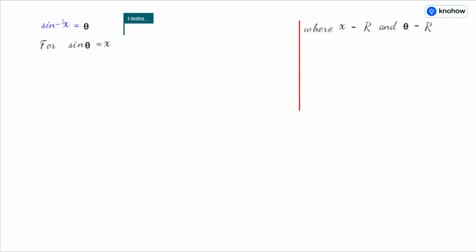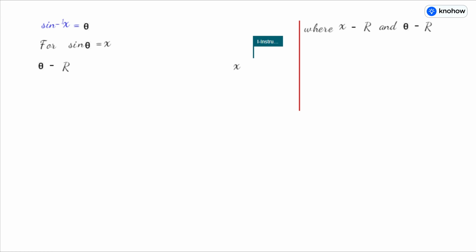You already know the domain and range of at least the trigonometric functions. That is, the domain of sine theta, here theta is any real number. Sine theta is defined for all real values. But what about the value of sine theta, that is x? Of course it is a real number, but it cannot be any real number. For example, can you tell me an angle theta whose value of sine theta is 2?